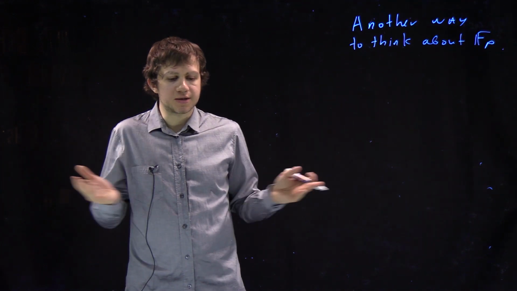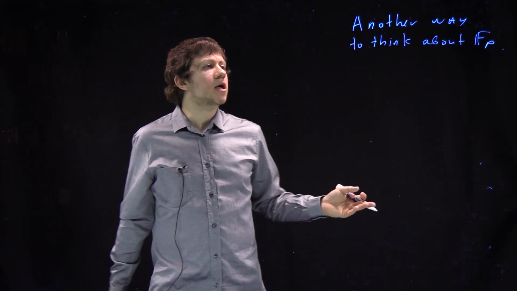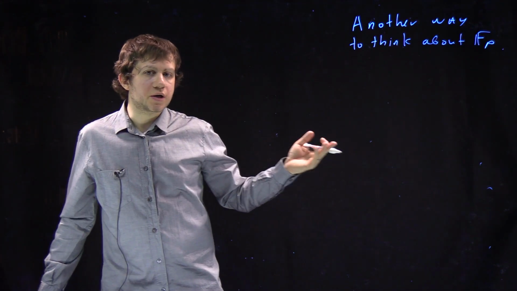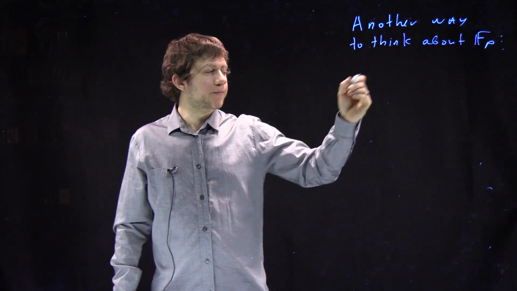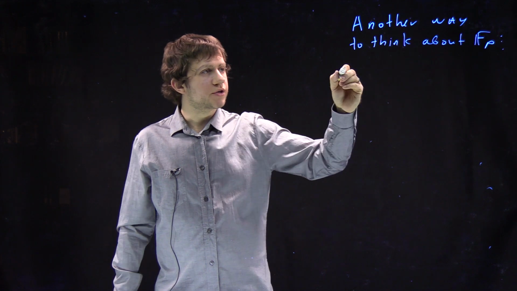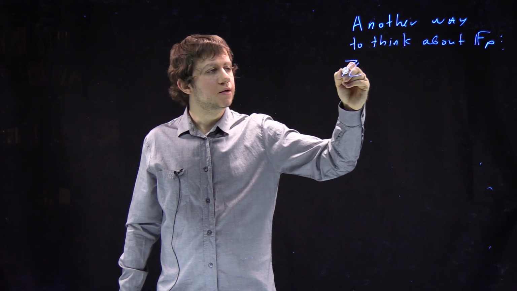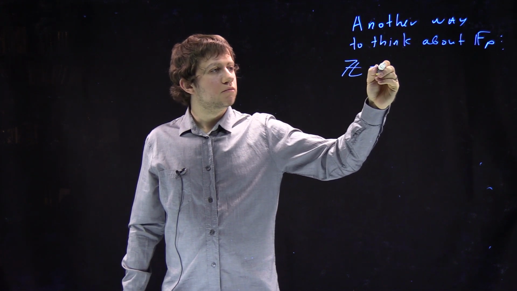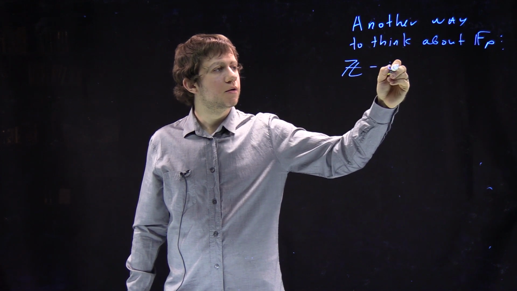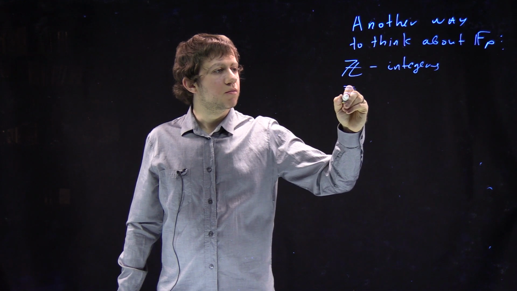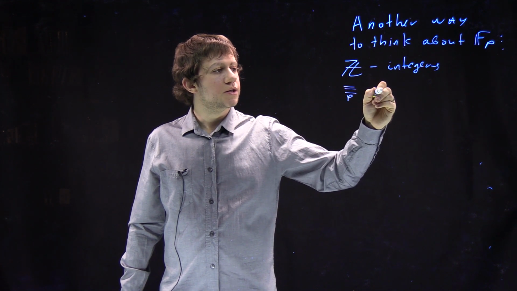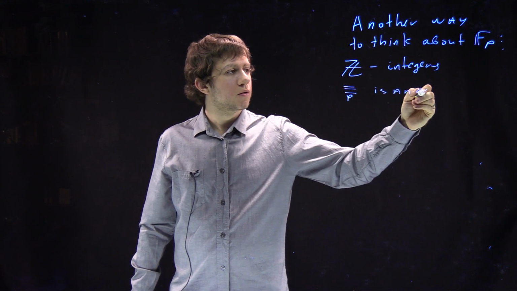We can just say that these are elements with these names, but more clearly, more conceptually, we want to say what they are. So here is how we do it. We start with the set Z of integers, and congruence mod p is an equivalence relation.